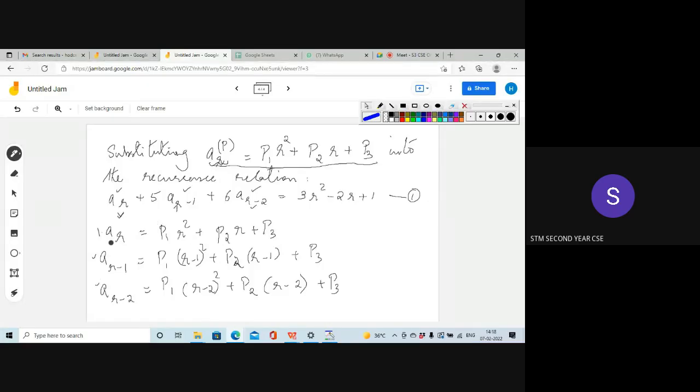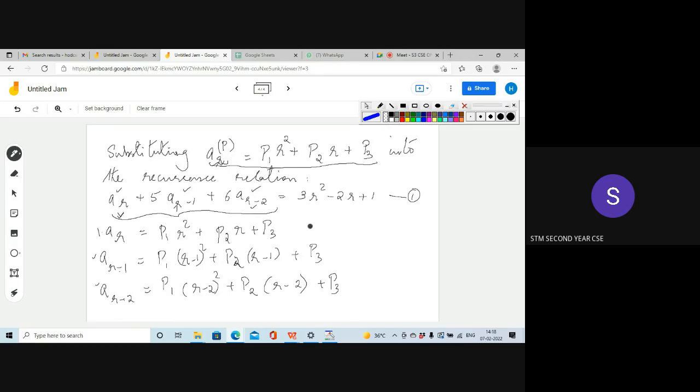Okay, so first this AR we have to find out from the particular form, looking at f of n, we write the polynomial form, and then from AR we can write AR minus 1 by substituting R by R minus 1, and by substituting R by R minus 2 you will get AR minus 2. So now we are going to substitute AR minus 1 and AR minus 2 into this LHS and solve the LHS.